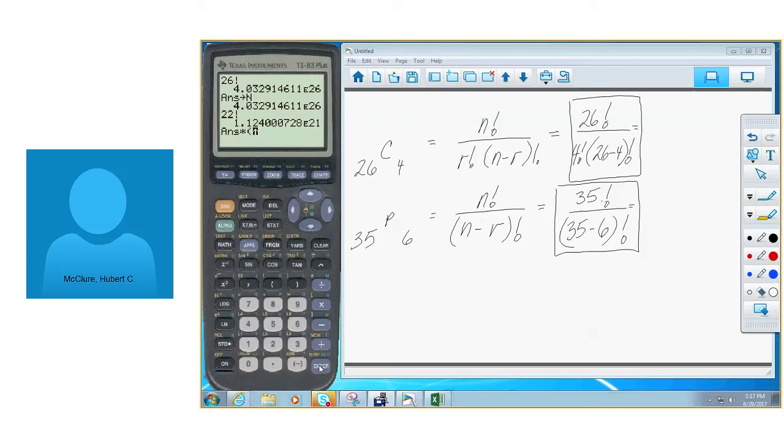Nope, it won't. So 22, I'll just go ahead and do that. Enter. There's 22 factorial. I'm going to store that, STO alpha D for denominator. And then I'm going to store the other one, 4 factorial, in C. So D and C are together. Okay? So second, enter, second, enter.